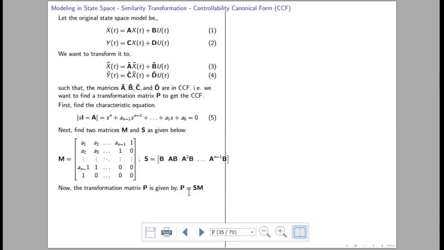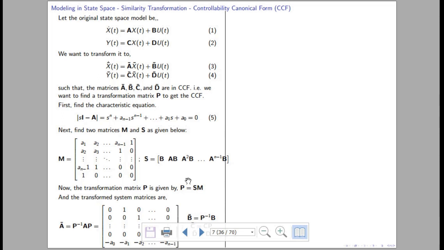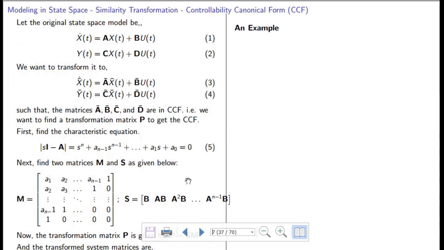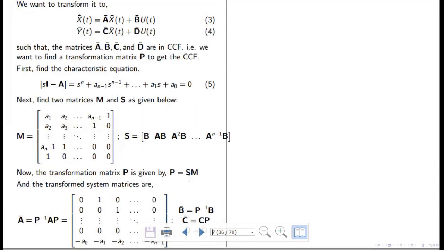So if you do that, immediately you will find the transformation as A bar is equal to P inverse AP. So you will see that with P equal to SM, P inverse AP will result in this form. Similarly, B bar, C bar, and D bar also you can find in this way.